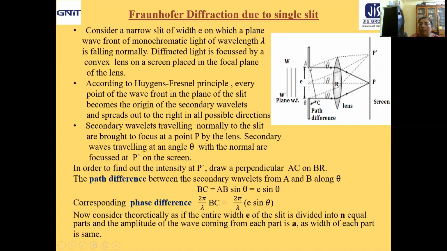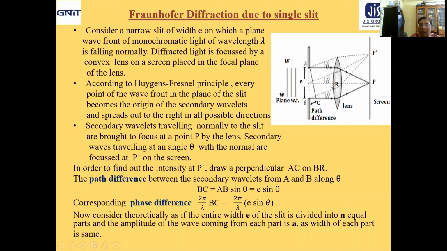From this point A, let us drop a perpendicular on BR, which makes the same angle theta as per geometrical construction. So A and B represent the width of the slit, that means the diffraction aperture. So the secondary wavelets which are coming out represent the two extreme ends of the set of beams after being diffracted.